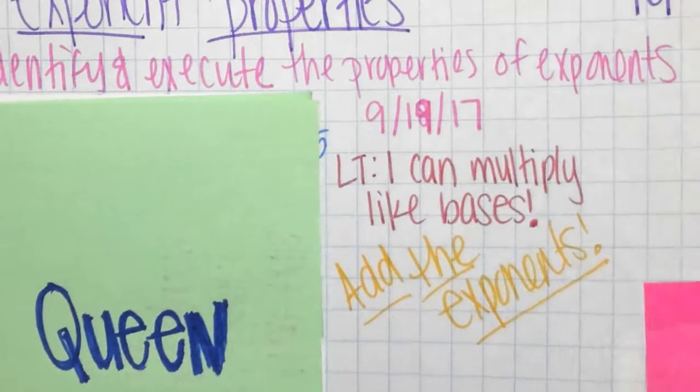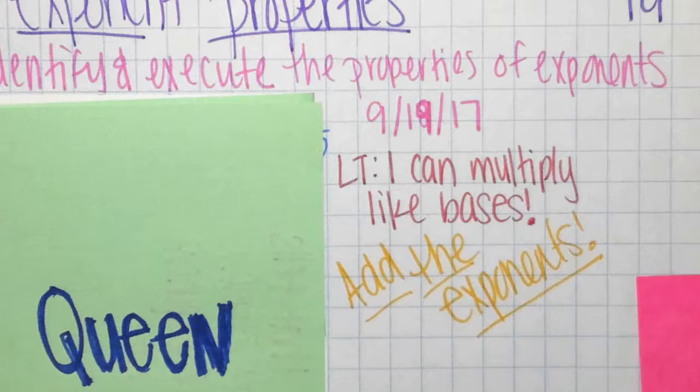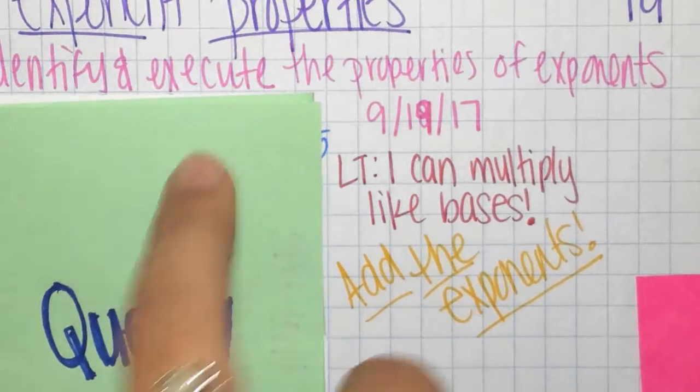All right, Will, are you ready? Are you finished writing this down? Okay, all right, fantastic. Now let's turn it over on the back. 9B. Let's write this down.